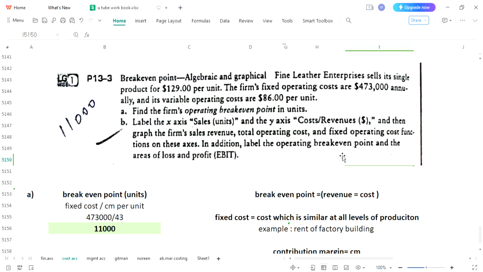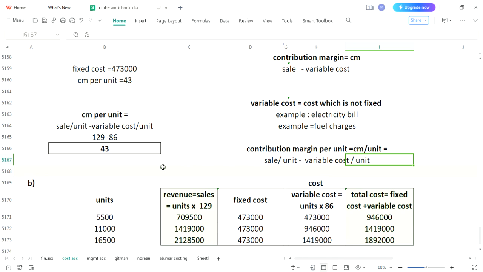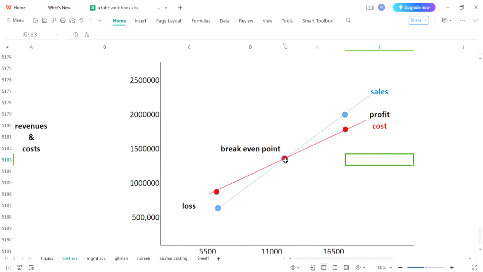Label the operating break-even point and the areas of loss and profit. This point where both revenues and costs are equal is your break-even point. The area over here where your cost is more than your revenue is loss. So the area in between these two lines, red and blue, just before the break-even point, is the area of loss.